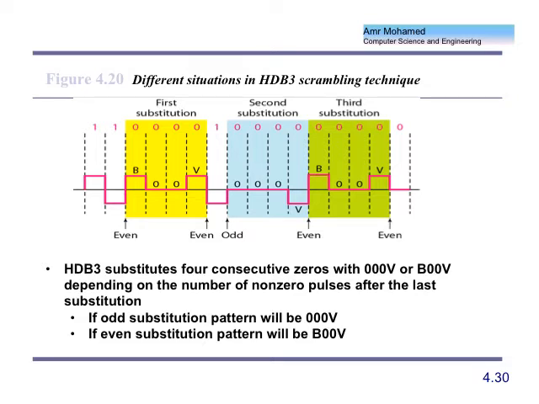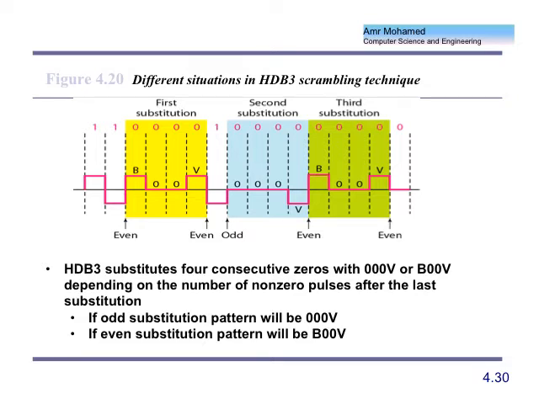So here, this scheme substitutes every 4 consecutive zeros, not 8. So this is more conservative, let's say. So this tries to be more conservative in 2 ways. From the fact that I will not leave 8 consecutive zeros before I perform the substitution; I will do it at 4. And the other slight change is that I'm going to have 2 substitutions, one for odd and one for even voltage level changes.